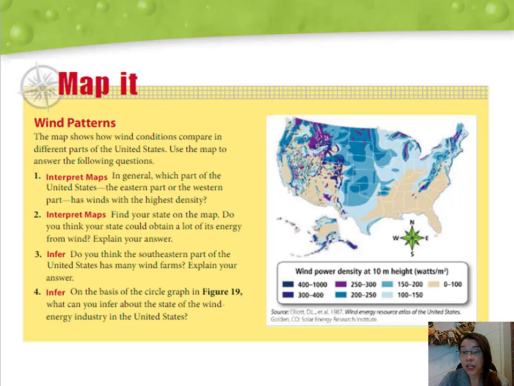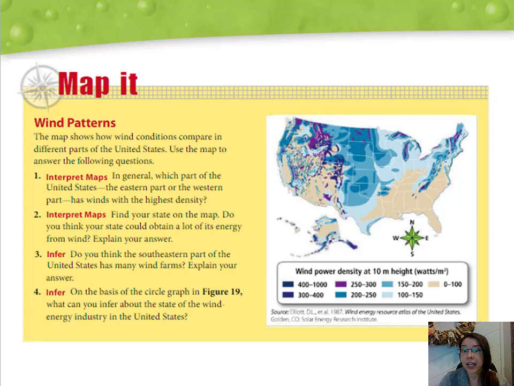And then the darker the color gets, the more wind power we are able to collect. So we would definitely say the left side of the United States is more color rich in the blues and purples, and so that would mean that they have the highest density.